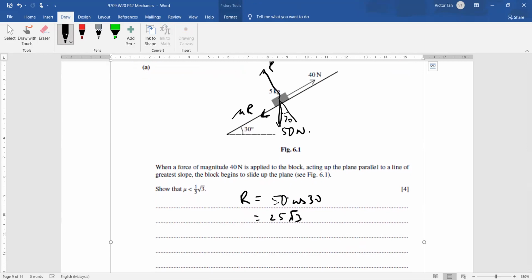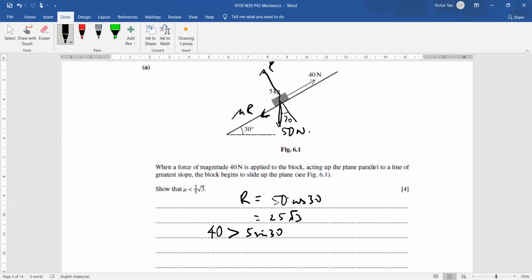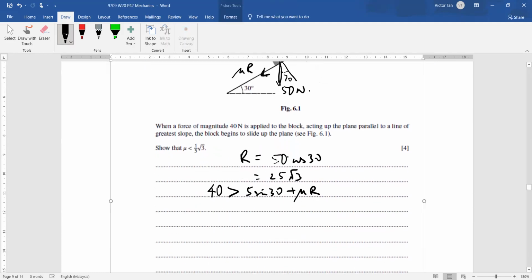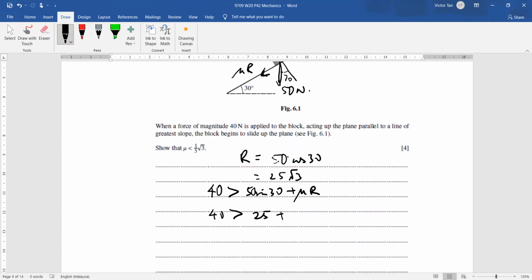So if we slide up the plane, then 40 upwards must be greater than 50 sine 30 plus mu R. So 40 is larger than 50 sine 30, which is 25, plus 25 root 3 mu.